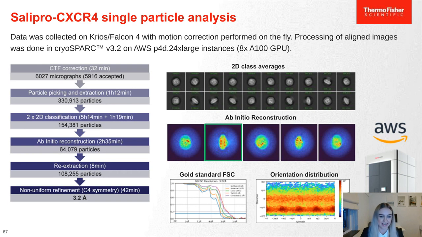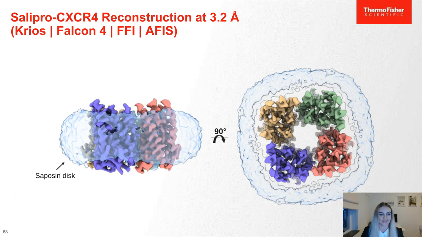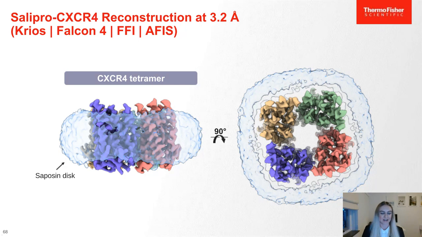So now let's have a look at the cryo-EM map. You can see that CXCR4 is a tetramer, and we can see a Salipro disk in transparent blue.